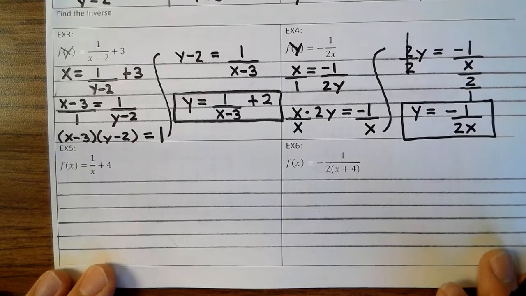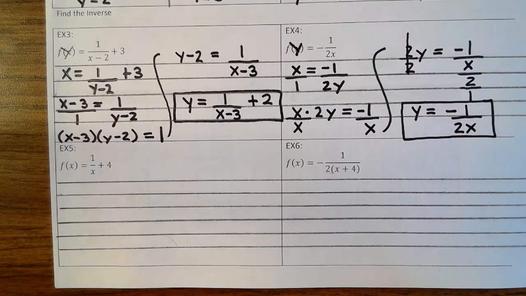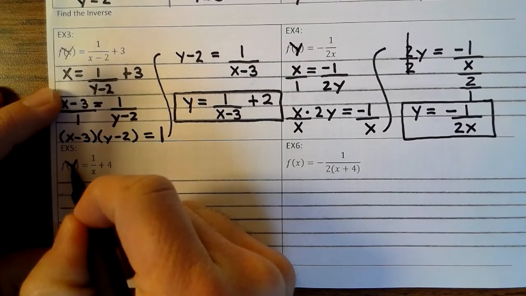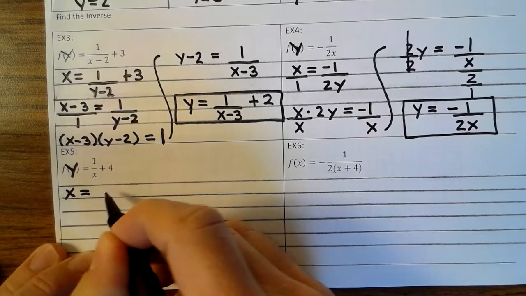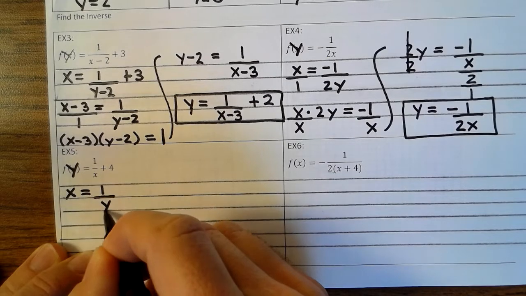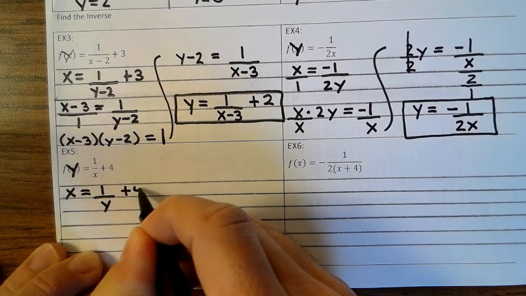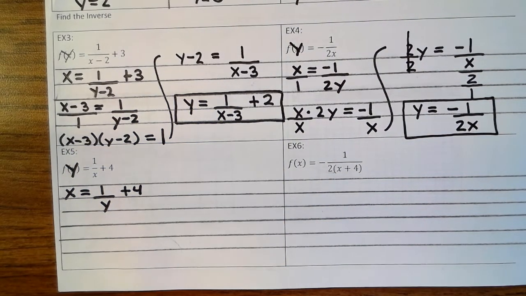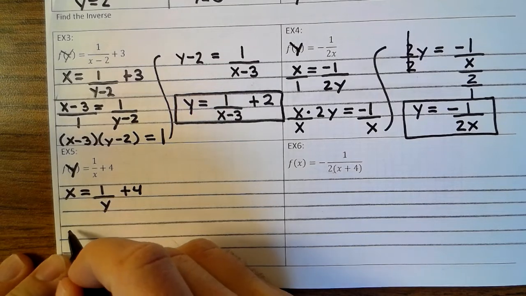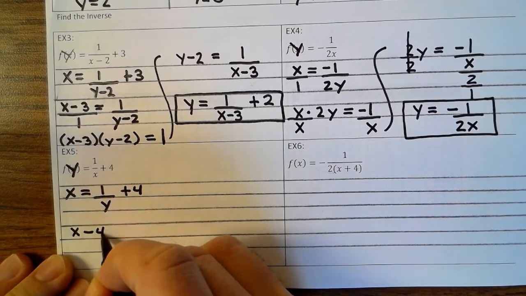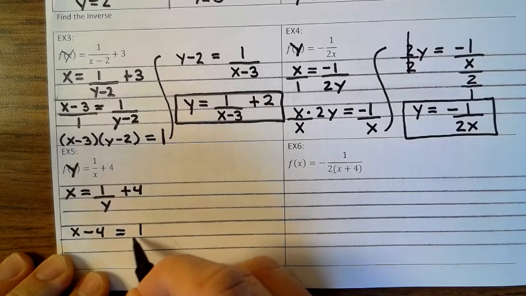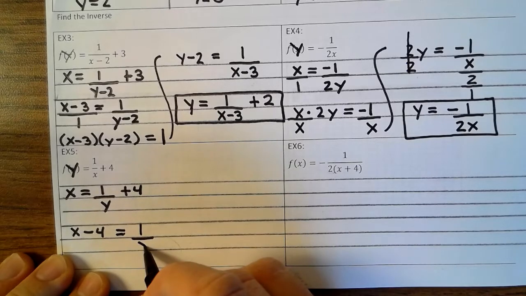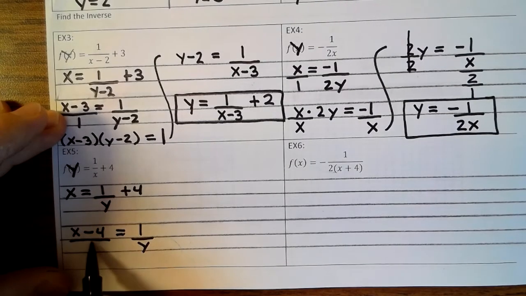All right, let's take a look at example 5. Okay, so again, change f of x to y, and then switch x and y. So then x equals 1 divided by y plus 4. Okay, we're going to subtract 4 from both sides. So you have x minus 4 equals 1 divided by y. Now we're going to divide this by 1 and cross multiply.